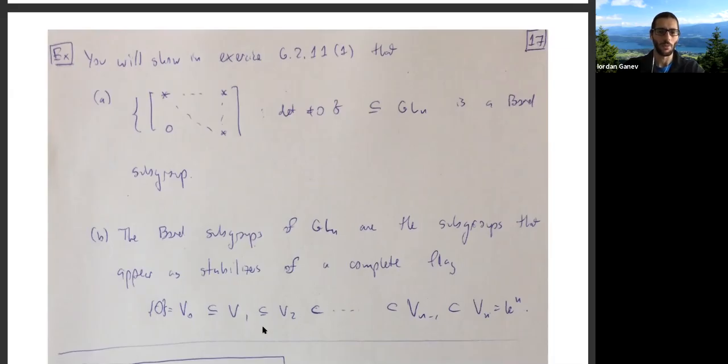A flag, like we pointed out, is an increasing sequence of subspaces of K^n. So we have a one-dimensional subspace, two-dimensional, and so on, and they're contained in each other. If we take any flag, GL_n acts on flags, so we think about its stabilizer, that'll be a Borel subgroup, and any Borel subgroup has to be of this form.